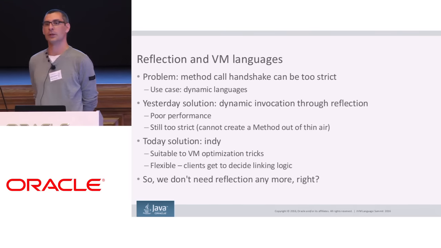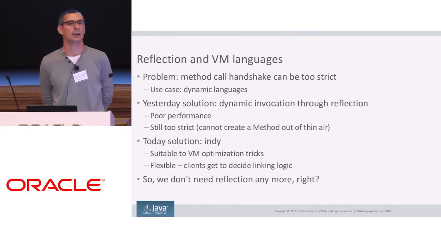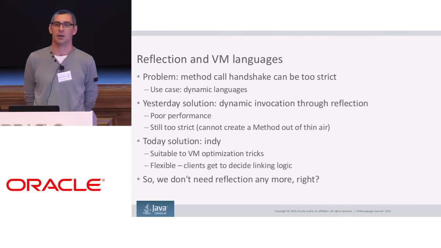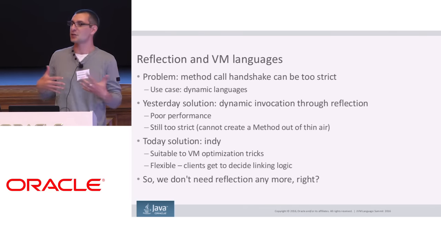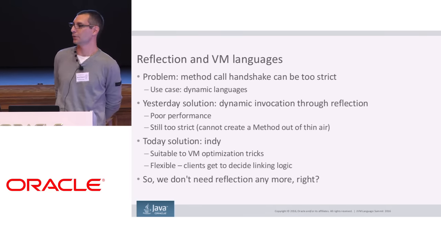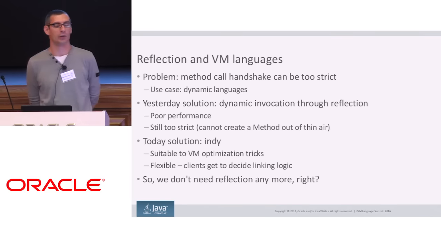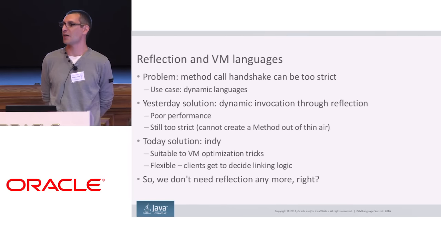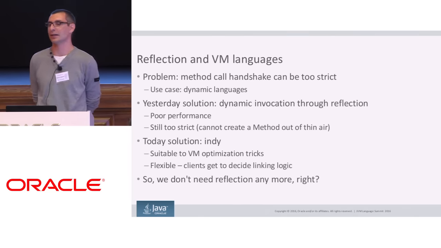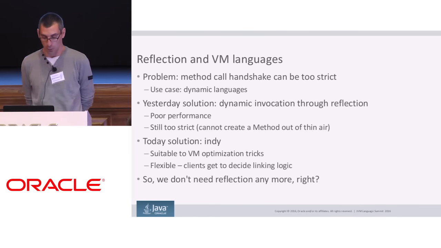And the main problem is really getting around the limitation of the handshake with invokevirtual and invokestatic. So there is way too much Java-based semantics built on top of those opcodes, and we want to get free of such assumptions.